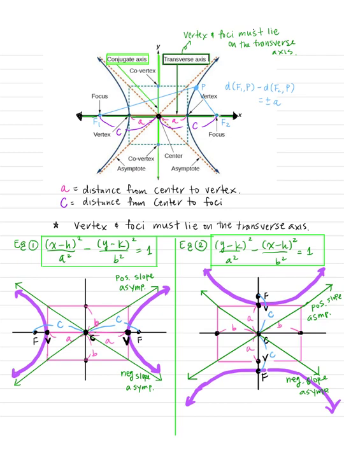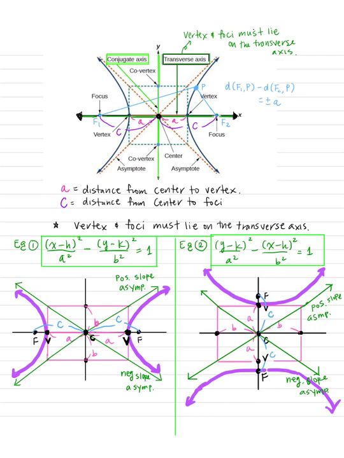Please note that a is the distance from the center to a vertex, and c denotes the distance from the center to the foci. Now let's take a look at these two equations for hyperbolas. In the first one, if you look at the picture, c denotes the distance from center to foci, a is the distance from center to vertex, and b is the distance from the co-vertex to the center.